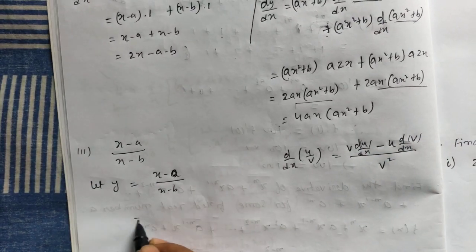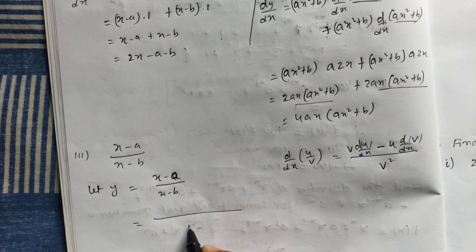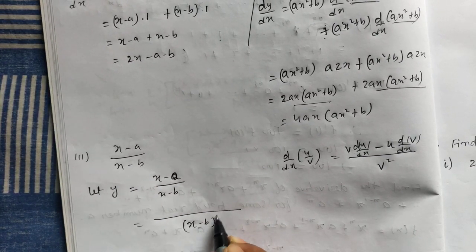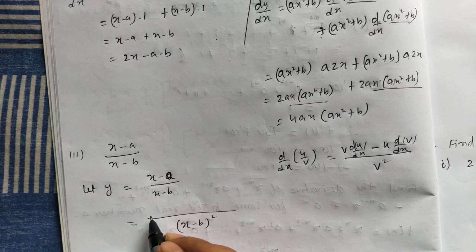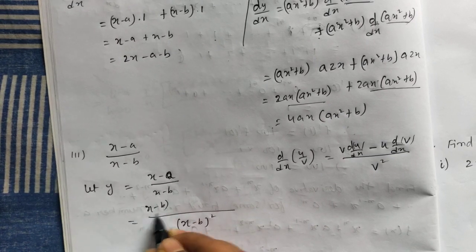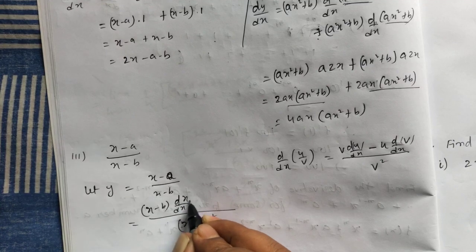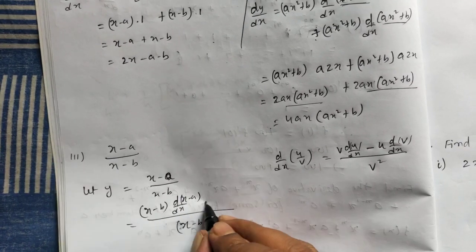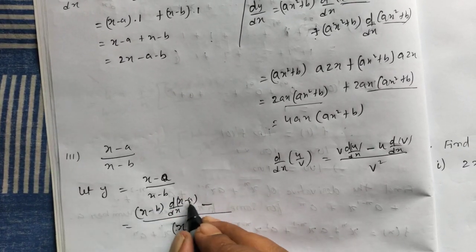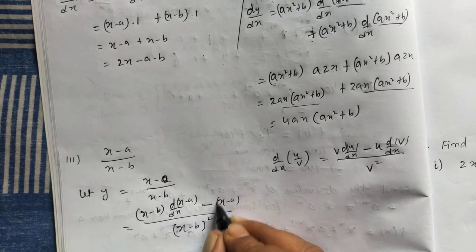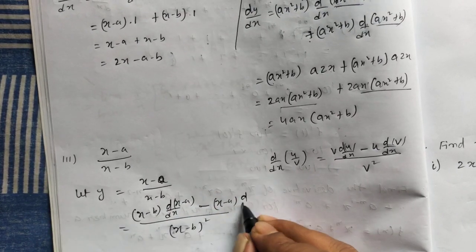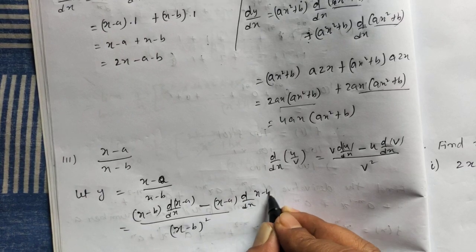So what you'll do, first we'll square the denominator as per the rule. Then this will be constant. We'll derive the numerator. Minus, now x minus a will be constant. We'll find the derivative of x minus b.